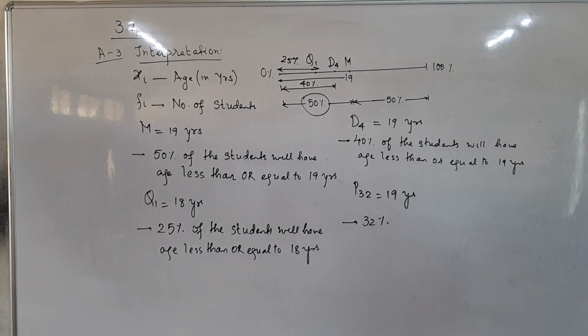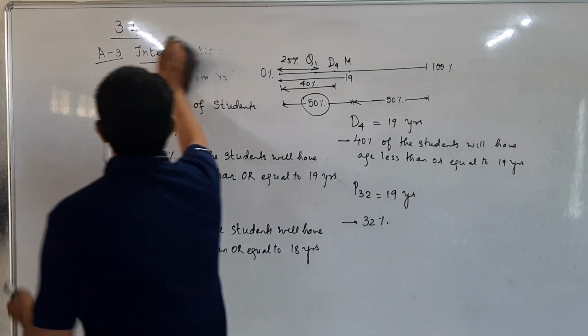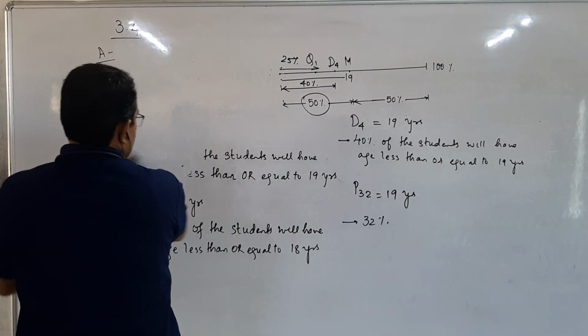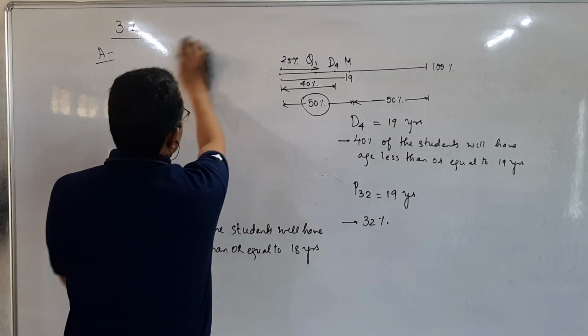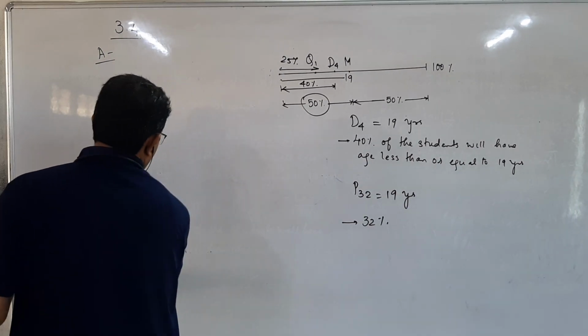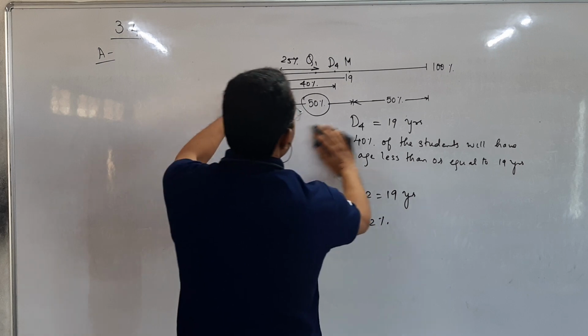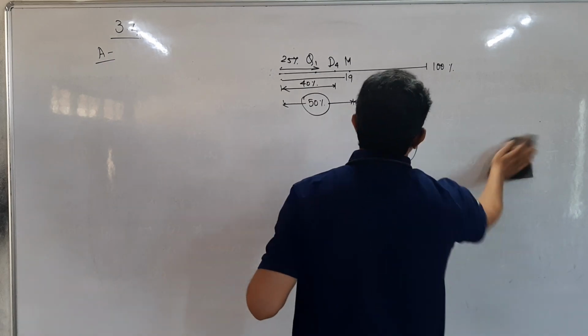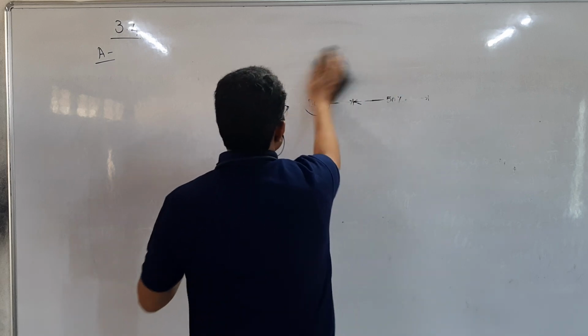Now students, we are doing sum number 2 and sum number 4 to complete the exercise. Carefully understand this line diagram. This line diagram is very important. You have to draw it when you write the interpretation.